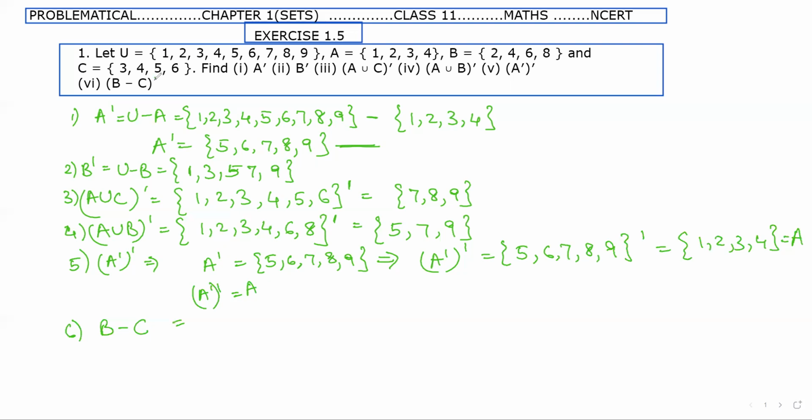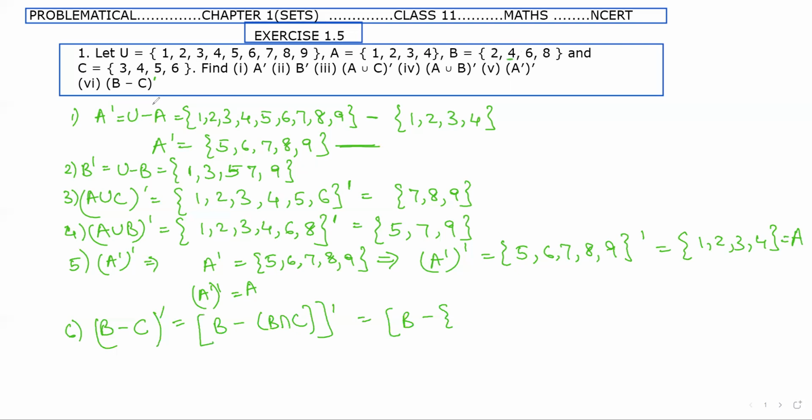Let's calculate B intersection C. B and C are 2, 4, 6, 8 and 3, 4, 5, 6.